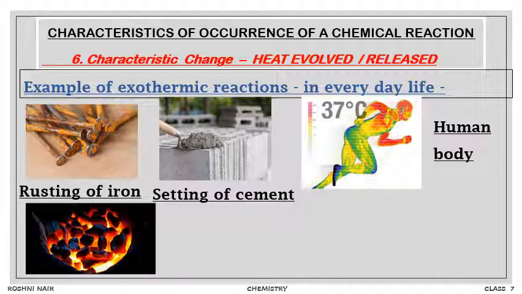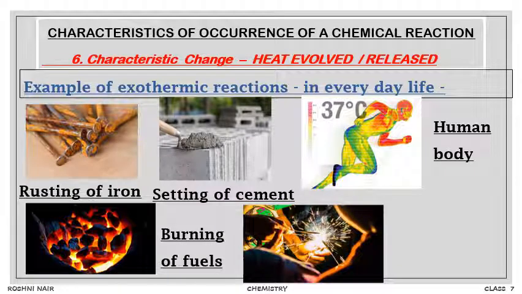And if you don't remember all this, best example is either burning of fuels, normal, coal burning, or this is very easy to remember, that is bursting of firecrackers. Again, these come under our everyday life experience where a chemical reaction which takes place has certain amount of heat which is released during this type of chemical reaction.